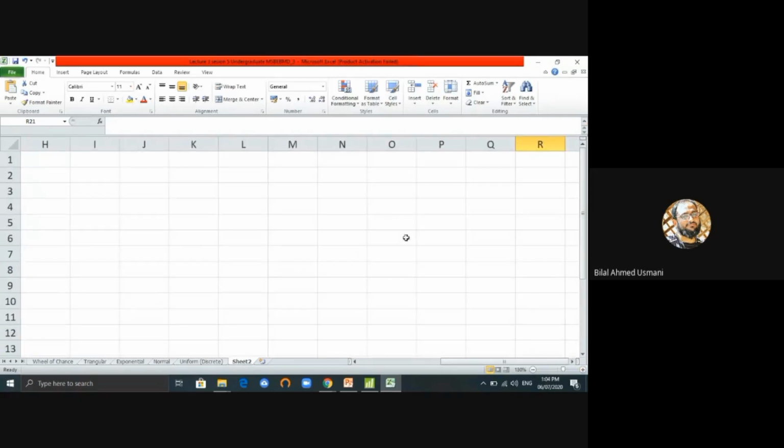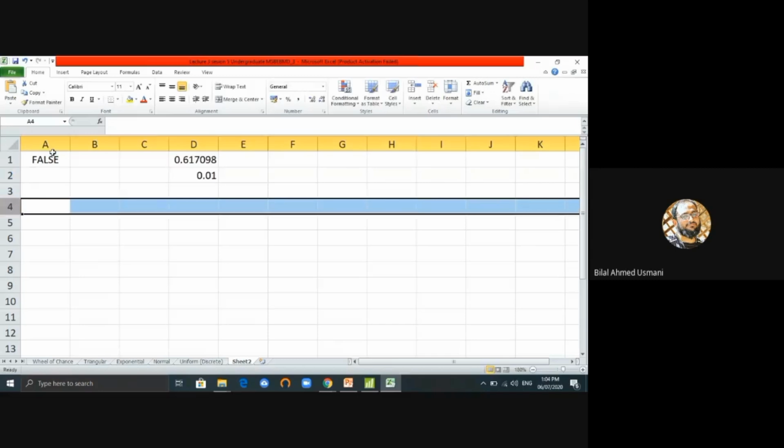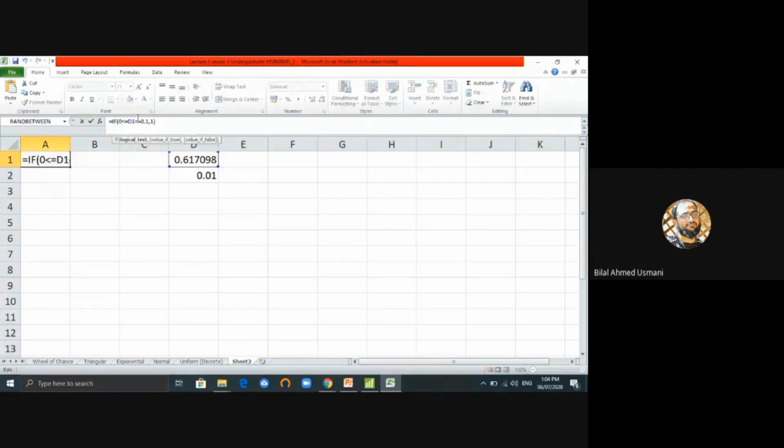So the rule was: if D1 is between 0 and 0.1, then if it is true, print true. 1 is true. It is 0.9. Why is it not coming less than 0.1? Let's corrupt it manually. 0.01, and set it to D2.